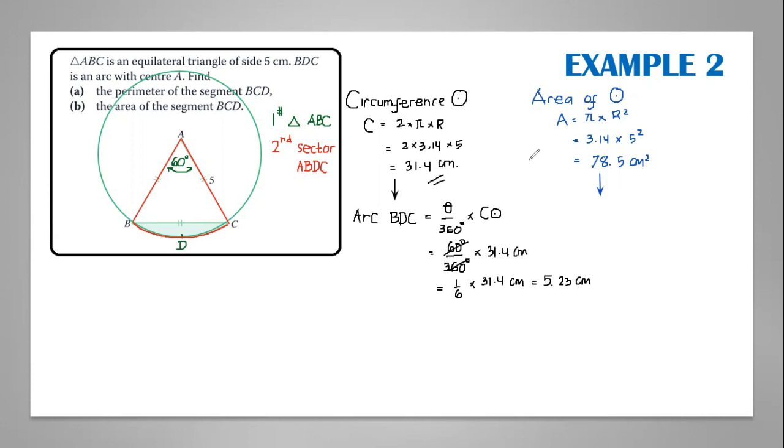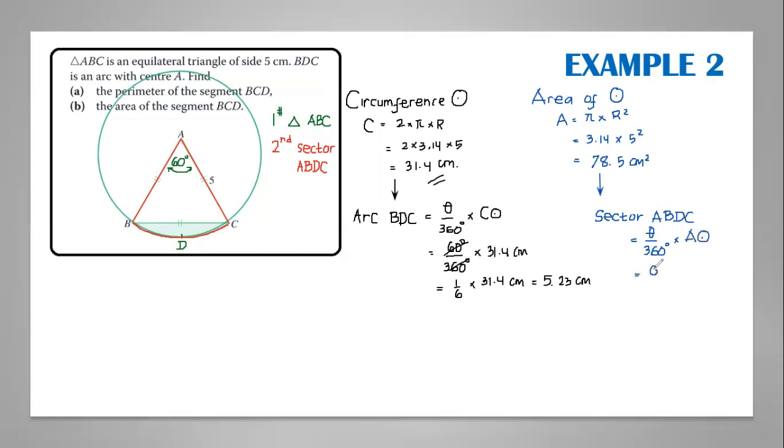Done. Now what about sector ABDC? The formula is theta over 360 degrees times area of circle.